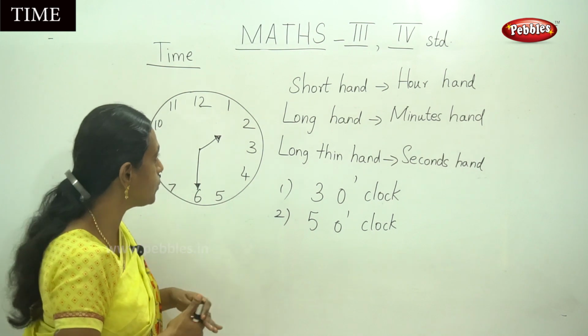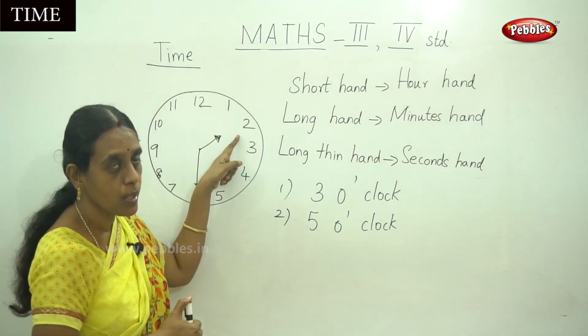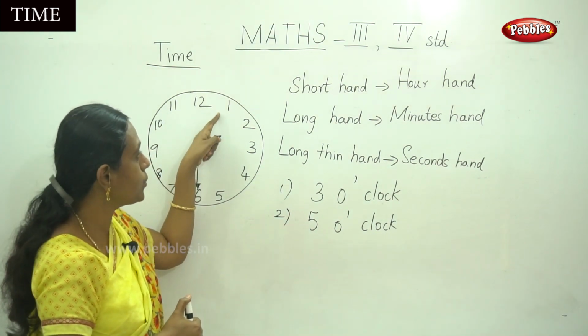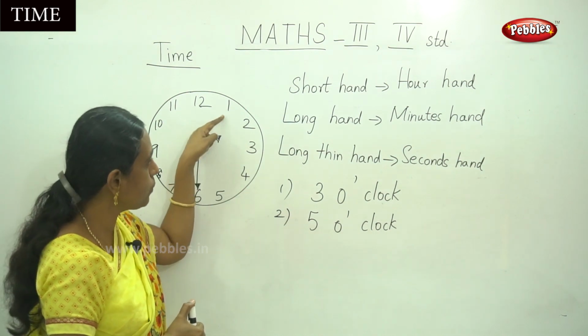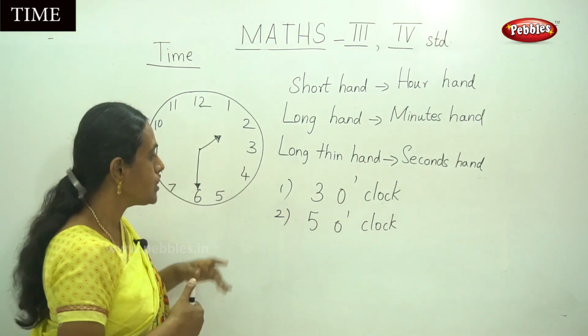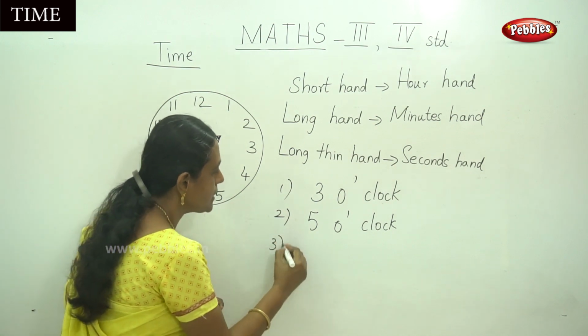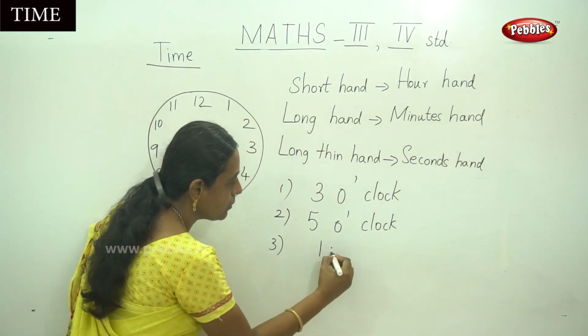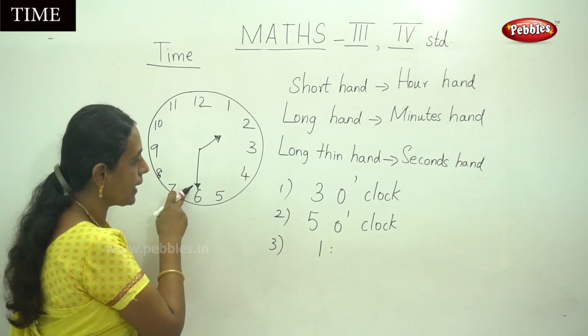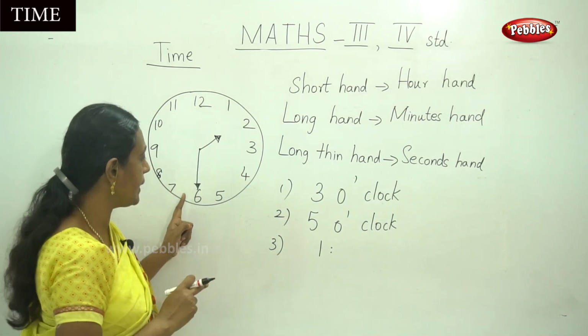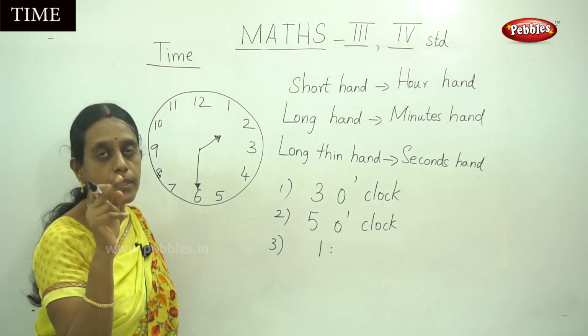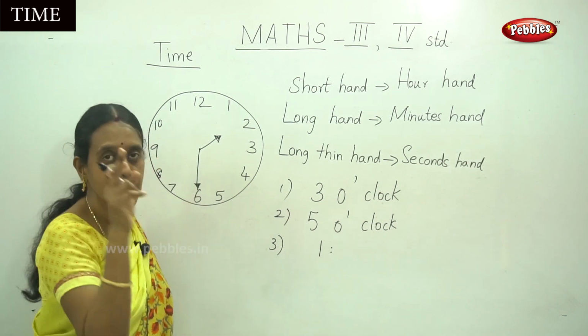It does not exactly denote 1, it lies between 1 and 2. So to write down the time, first you have to write 1. And the long hand shows exactly over the 6.